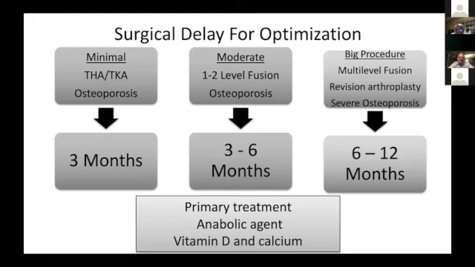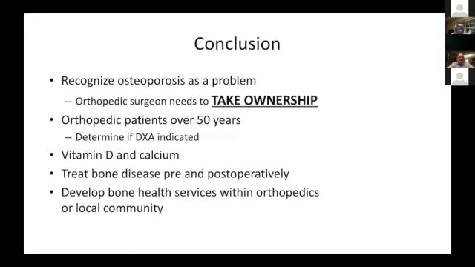So the conclusion is that orthopedic surgeons, FLS coordinators, and even bone health physicians need to recognize that osteoporosis is a big problem for the orthopedic surgeon and their patients, and that someone needs to take ownership.